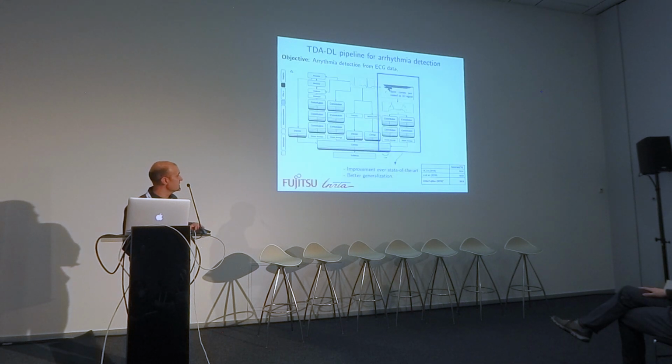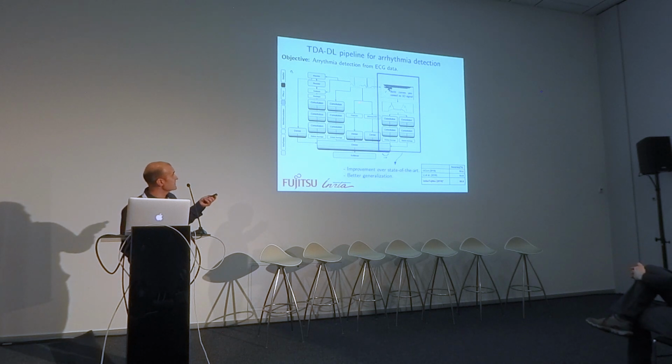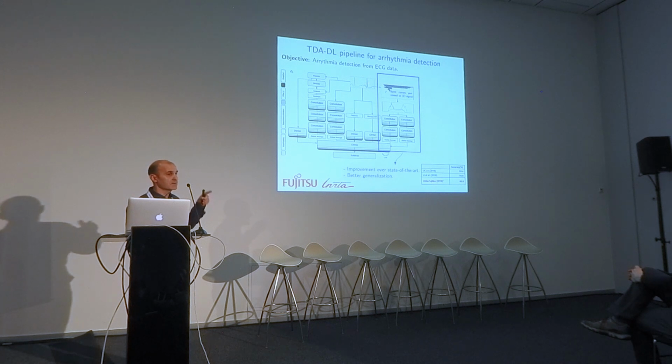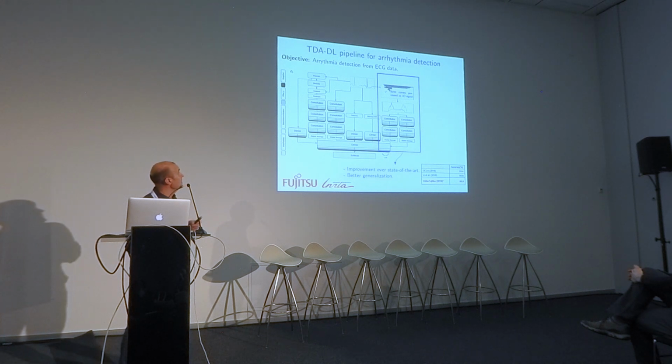I'm going very quickly. A second example of a concrete application is again with ECG data. This was a univariate time series, and we were interested in detecting and characterizing different kinds of arrhythmia.